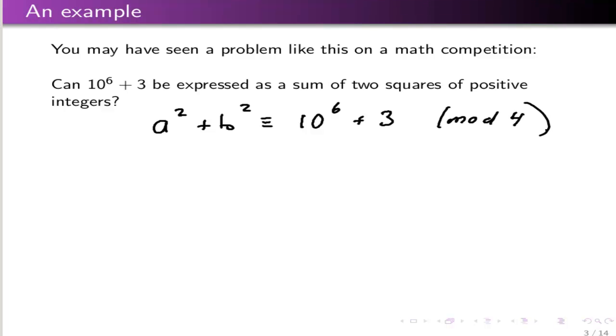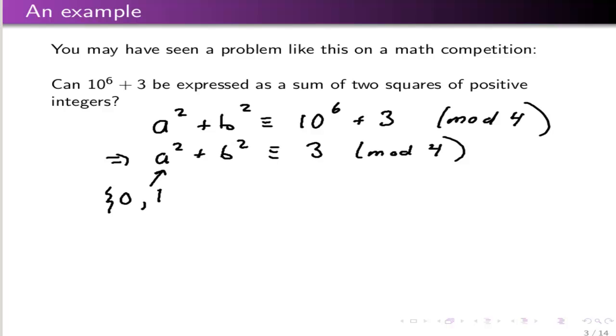So in order for this to be a sum of two squares, then it would also be congruent to a sum of two squares mod 4. Well, what do we get on the right-hand side? 10 to the 6th power is 0 mod 4, so that would give us that a squared plus b squared is congruent to 3 mod 4. Is that possible? Well, if you square any number mod 4, 0 squared, 1 squared, 2 squared is 0, 3 squared is 1, and that's it.